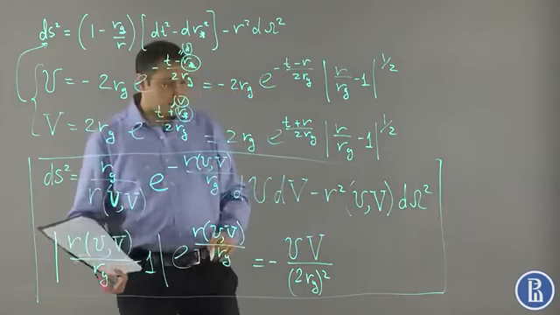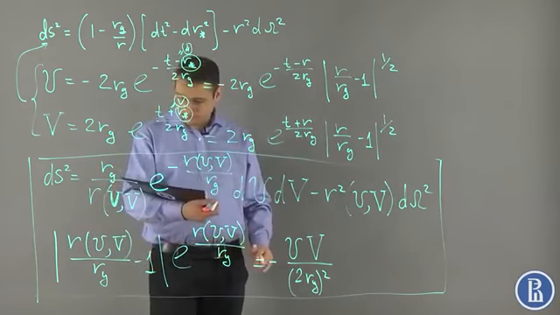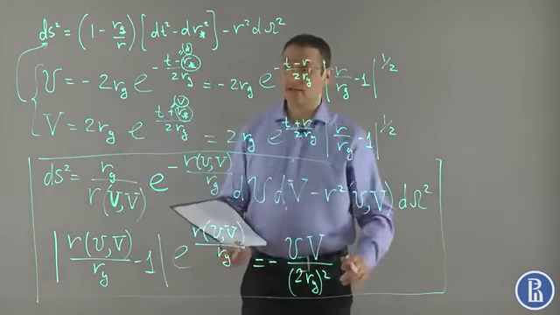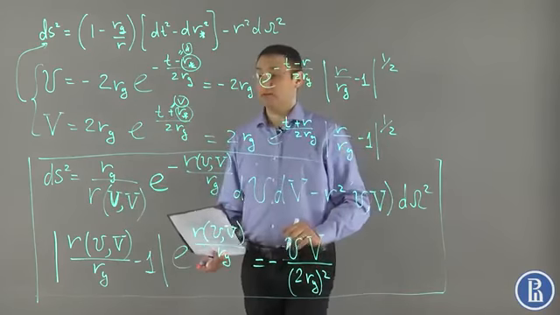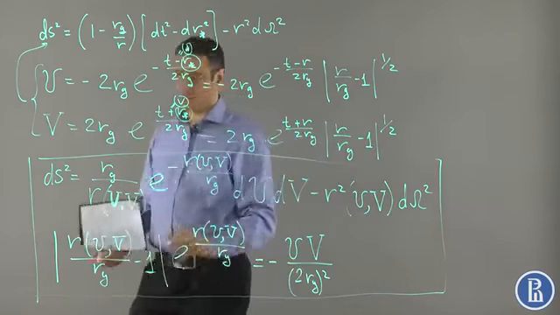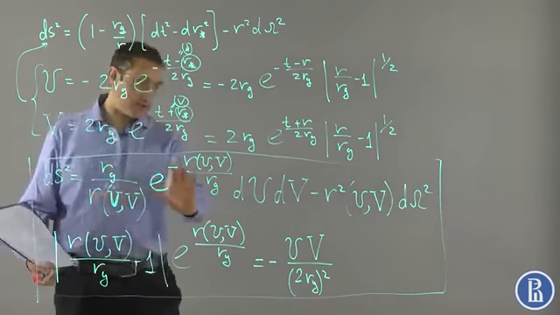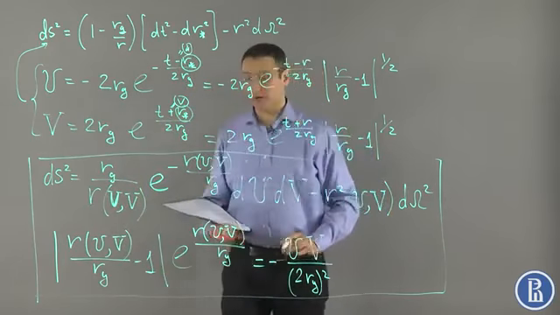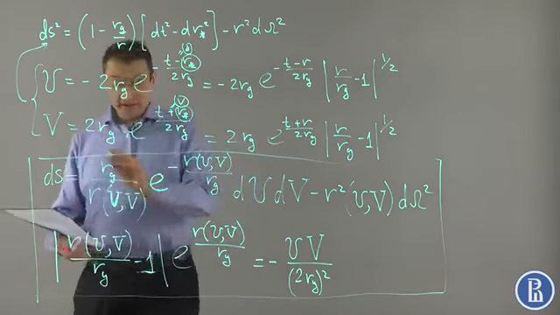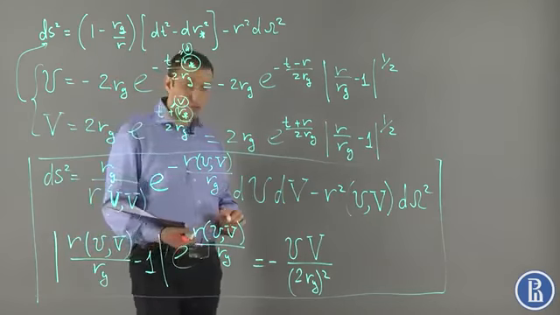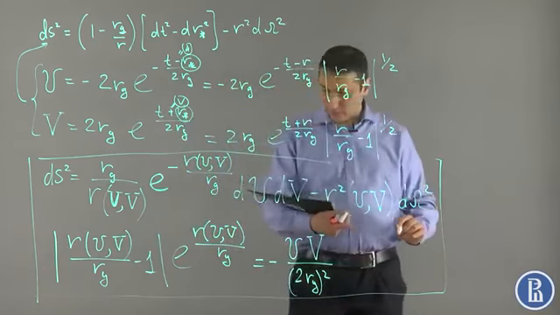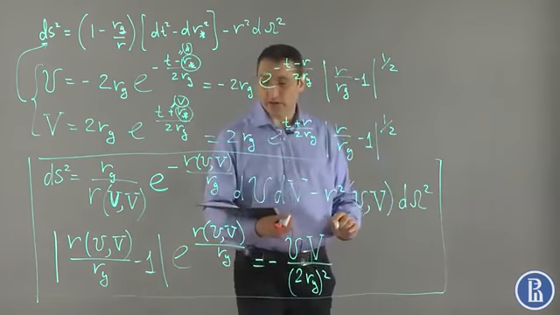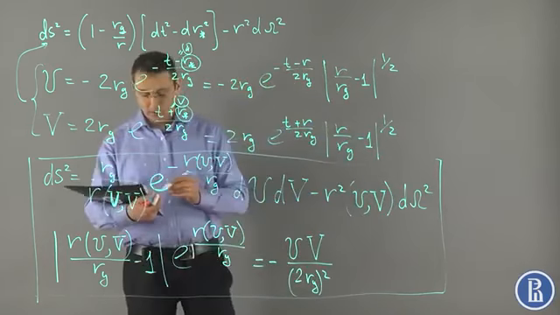So this metric doesn't have singularity, and moreover, as I promised, well, without explanation, this metric covers the entire black hole space-time. So in these coordinates now we can do a conformal map to the Penrose-Carter diagram of the black hole.